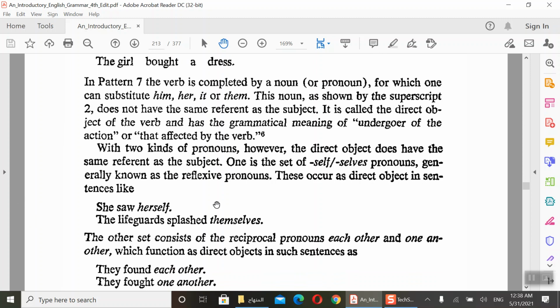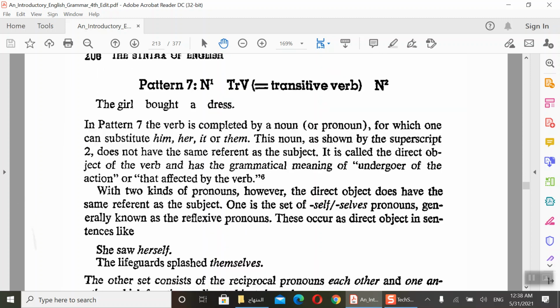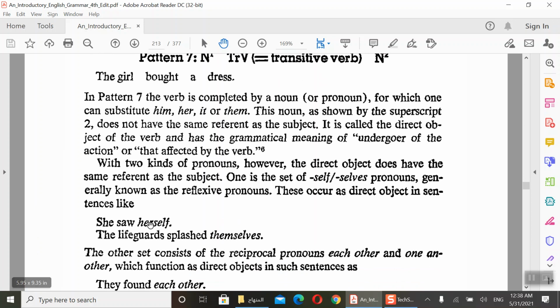These occur as direct object in the following sentences: She saw herself. The same referent here, so we can say noun 1, transitive verb, noun 1. Or: The lifeguards splashed themselves. Here, themselves and herself are reflexive pronouns.